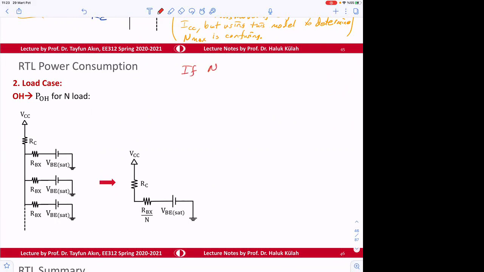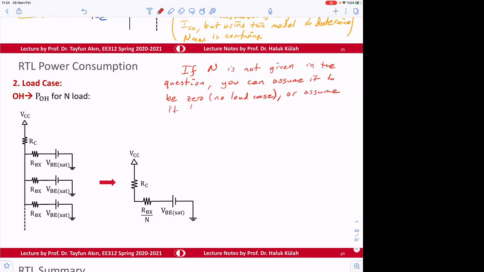If n is not given in the question, you can assume it to be 0, no load case, or assume it to be 1.